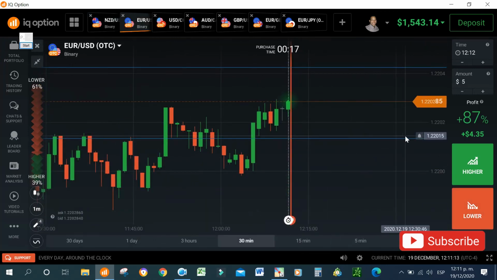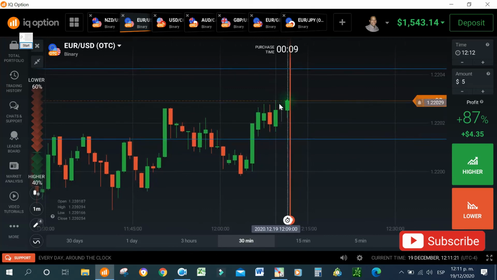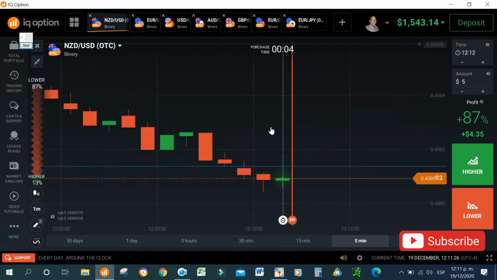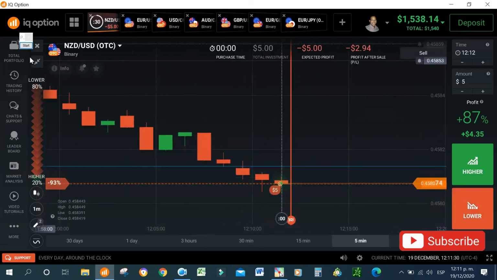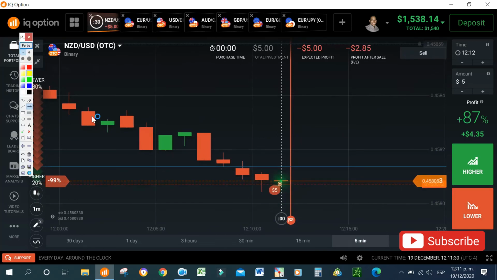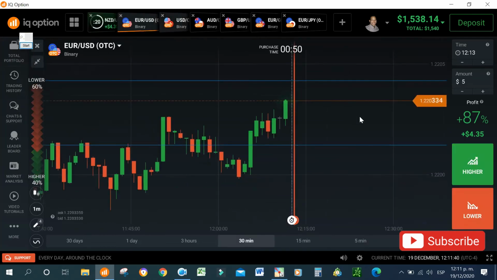All right, let's see what the price is doing on this pair. Let's see if it now closes above this level, resistance level. All right. Okay, a little bit late. I wanted to take this entry just right here, but it's okay. I hope to win it anyway.